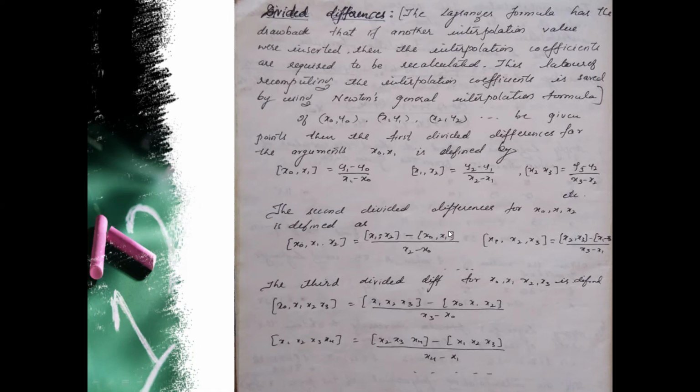The second divided difference is defined for x0 x1 x2, given by [x0, x1, x2] under square brackets, and it is equal to the difference between the first divided differences: the divided difference of x1 x2 minus the divided difference of x0 x1, divided by x2 minus x0.